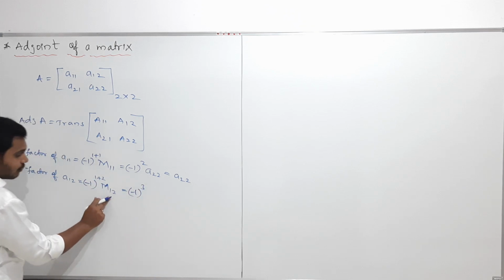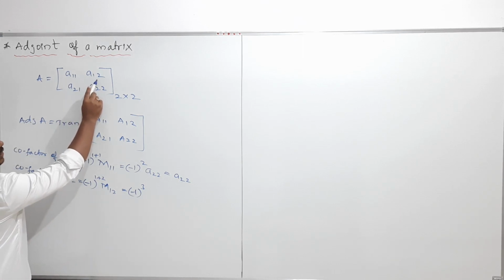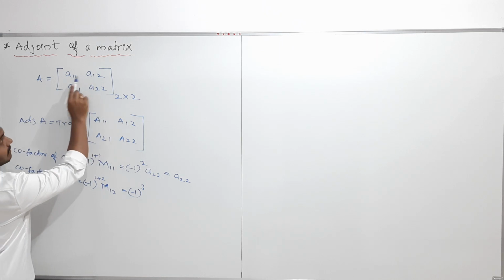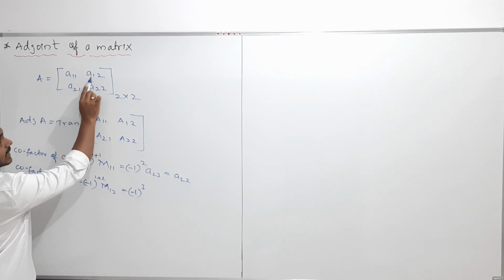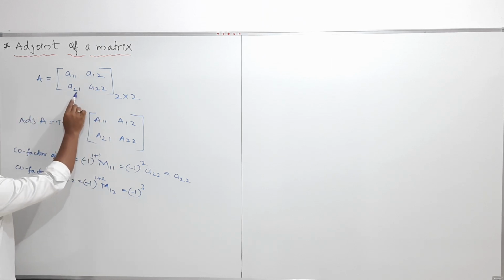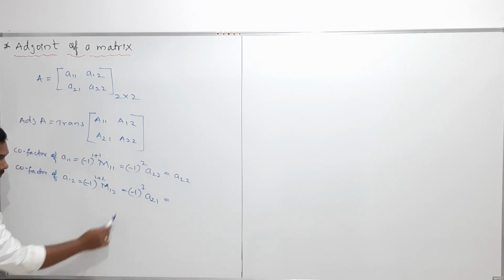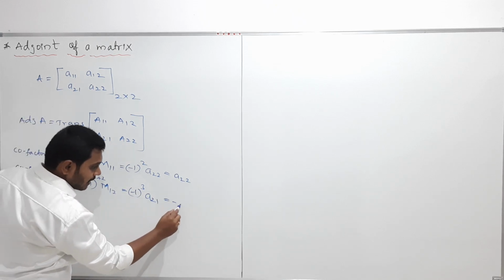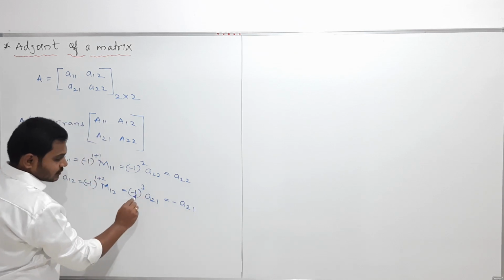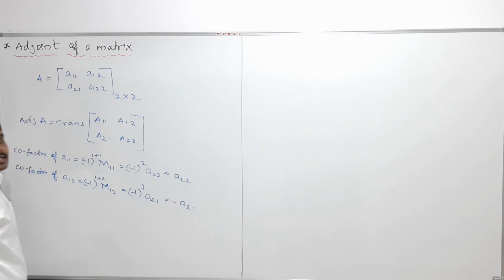M12 means the minor of A12. If you want to find the minor of A12, leave the row and column where the A12 element lies, and the remaining element is A21. So it is minus 1 whole cube, which is minus 1, into A21, which is minus A21.